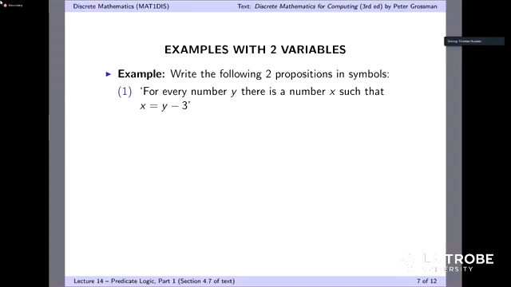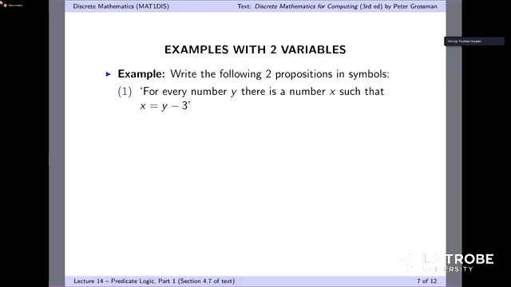That's precisely right. We're saying for every number y, there is a number x. So suppose you put x equal to 2. The statement is clearly false because we're saying for every number y, but if you put x equal to 2, there is only one number y for which that statement can hold.